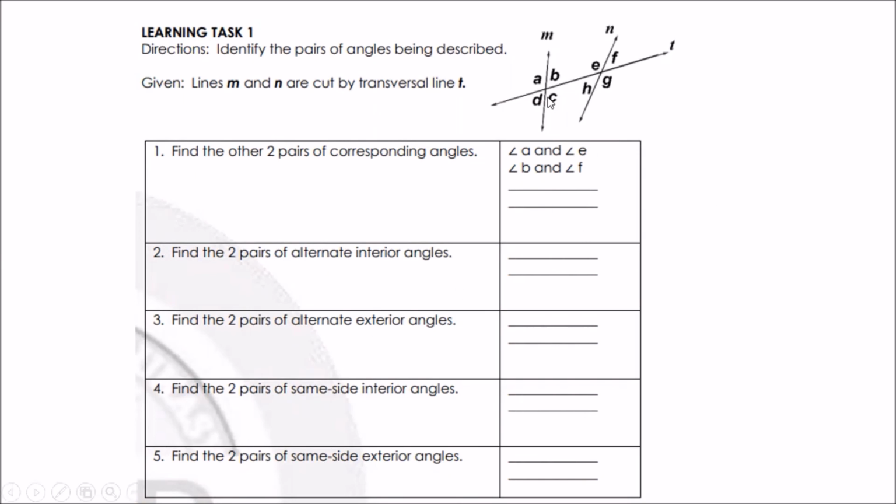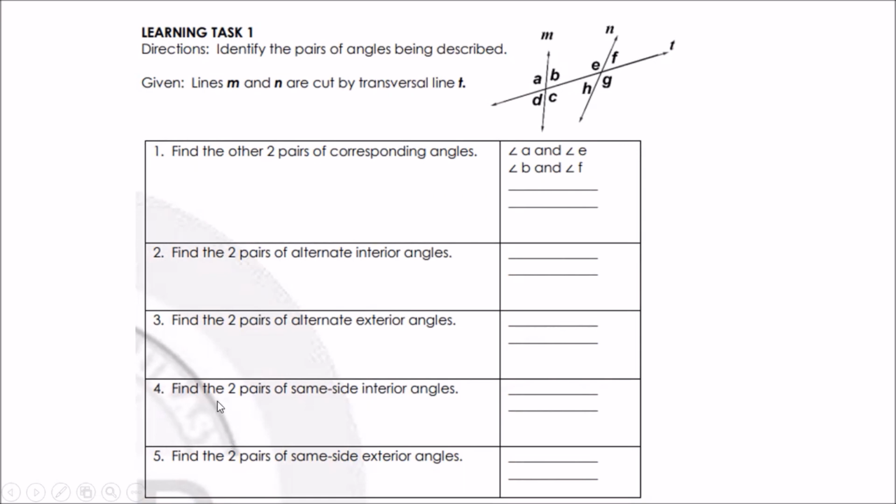So angle A corresponds to angle E. Angle B corresponds to angle F. You just complete the rest. Find the two pairs of alternate interior angles. So these are our interior angles. What are the two pairs of alternate interior angles? The same in number 3, alternate exterior angles.